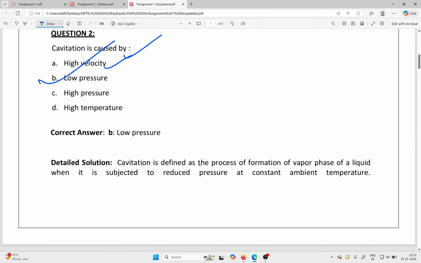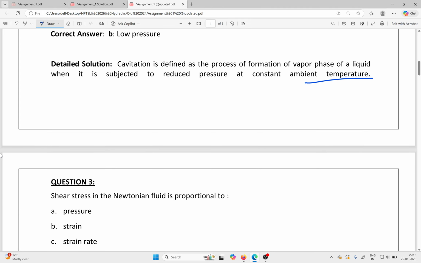Detailed solution: cavitation is defined as the process of formation of vapor phase in a liquid when it is subjected to reduced pressure at constant ambient temperature. So remember. Next question, question number 3.